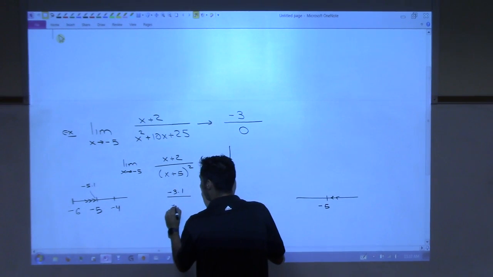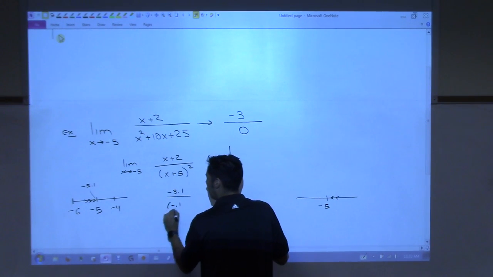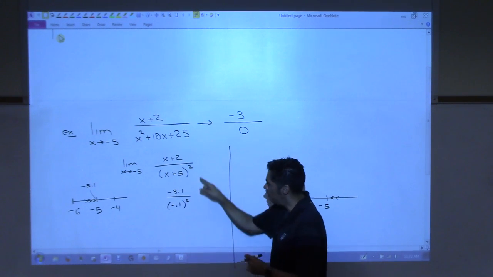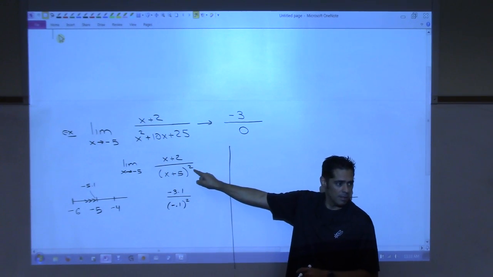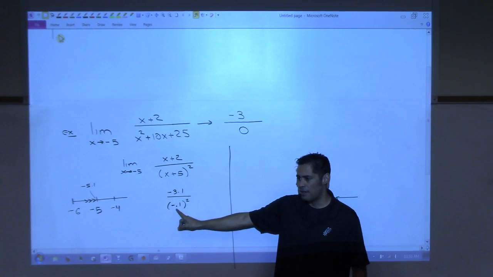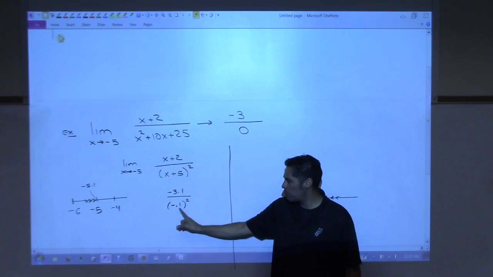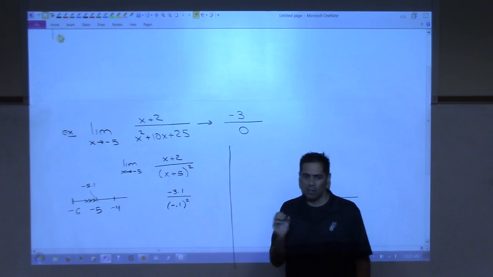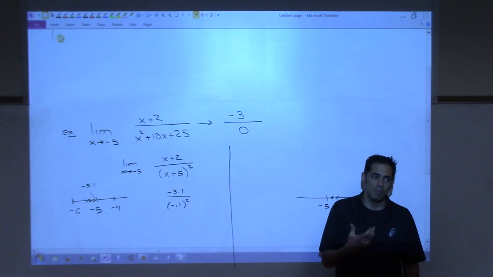Ah, that's the key. Negative 0.1, but then I square it. That is the key to the problem right there. The fact that that's a squared, does it even matter what this turns out to be inside? It's not going to matter. So we know this is approaching 0, and if you square that number, it's still going to be close to 0, but it's going to be positive.